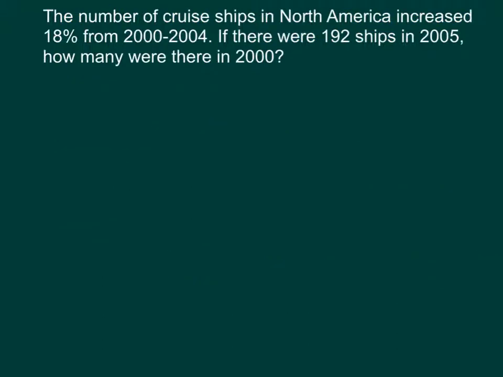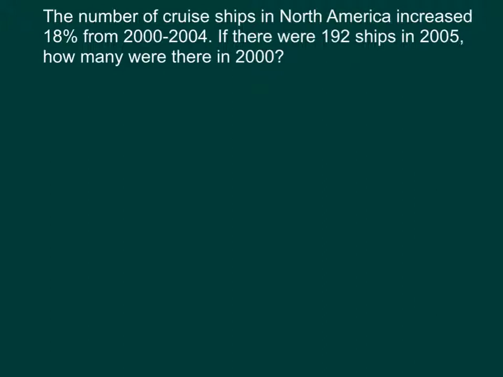When we are solving for the percent of change, we can also do this in the form of word problems. So in the example here, the number of cruise ships in North America increased 18% from 2000 to 2004. If there were 192 ships in 2005, how many were there in 2004? Or 2000, sorry.